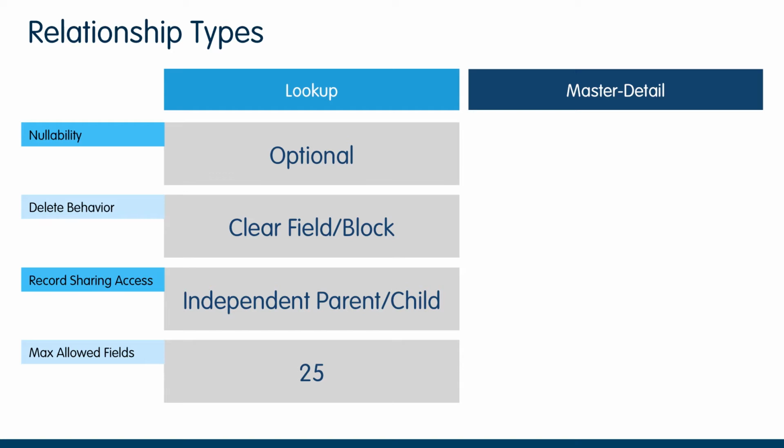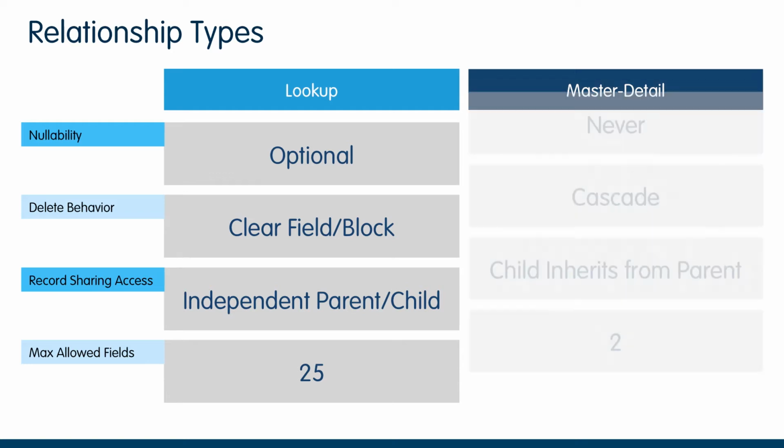You can leave it as null. You can say it doesn't look up to anything at all. And that is different to master detail, as we'll see in a moment. The delete behavior, if you delete the main object that's being looked up to, you can either say, well, clear anything that was referencing it, or actually deny that, actually prevent it from going ahead.